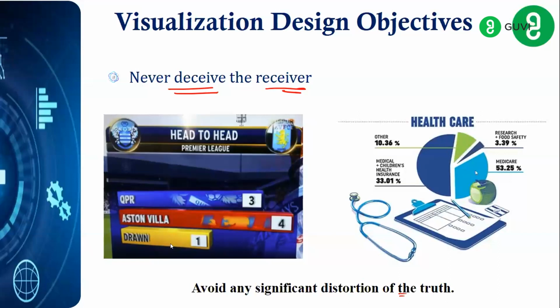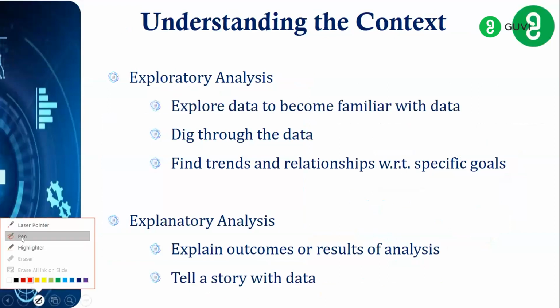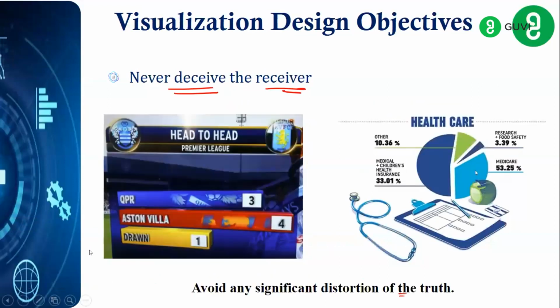By seeing the image itself, in order to represent the value one, they have used this much of bar. The bar length is this much, right? But in order to represent the bar number four, the bar length is this much only.